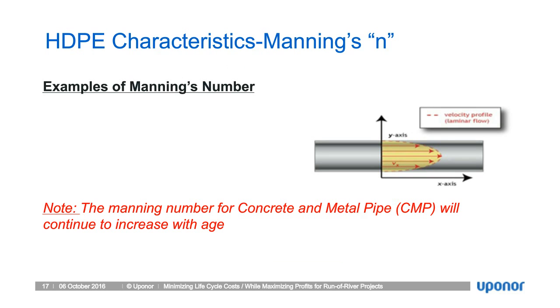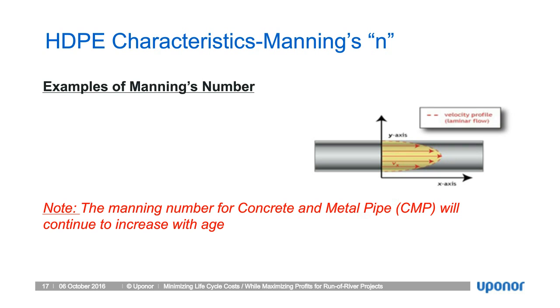Another characteristic of the HDPE is its Manning numbers, and this is probably one of the most important ones that we discuss with engineers, because the Manning number is a correlation to how much friction or how much head loss can be experienced within a penstock. And as you're aware, we want to minimize the pressure differential or pressure loss within the pipe, which will allow us to maximize our power output.